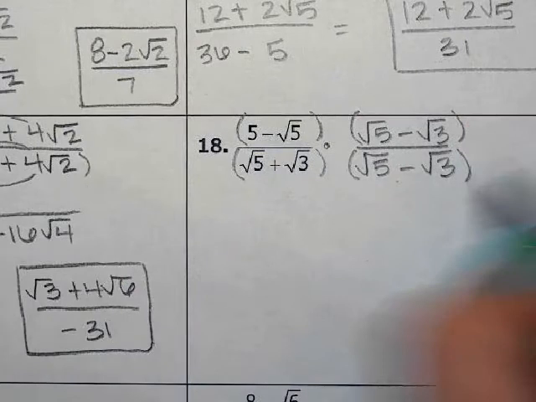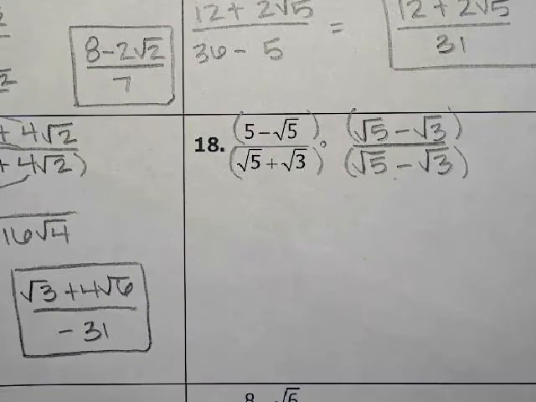The difference between this one and the last ones is the first 3 only had 1 term on top. That's why you just had to distribute it. This one you have to FOIL the top and the bottom because the top and the bottom both have 2 terms, which is why it's obnoxious.